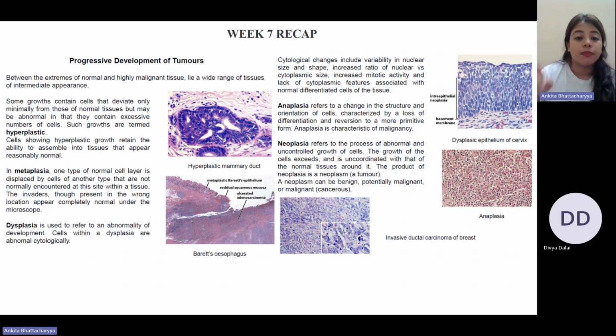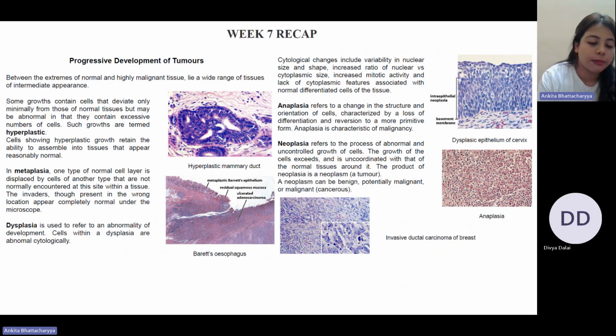While these invaders are visibly normal, they are not supposed to be at that location. That is metaplasia, another sub-step that is often observed during the progressive development of tumors. One of the most common examples of this is Barrett's esophagus, in which we can see a metaplastic Barrett's epithelium.